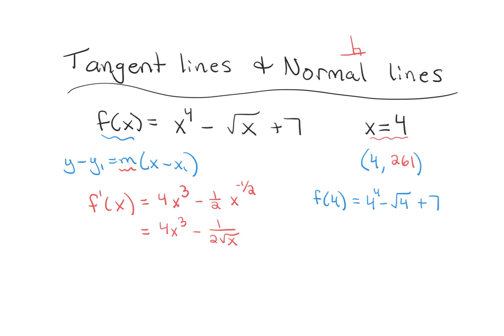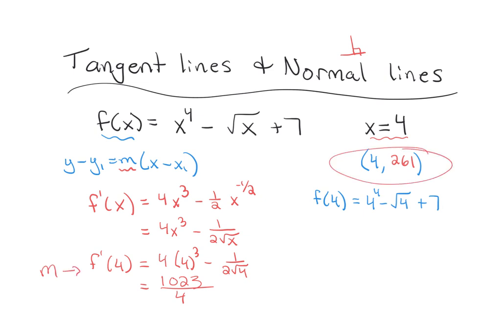And now we need to find f prime of 4, which I'm not going to take the time to show you how to simplify. It ends up being 10/23 fourths. This is the slope of the tangent line at this point. So the equation will be y minus 261 equals the slope 10/23 fourths times x minus 4.